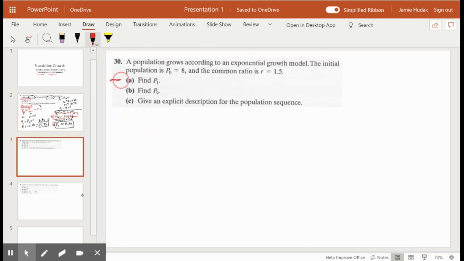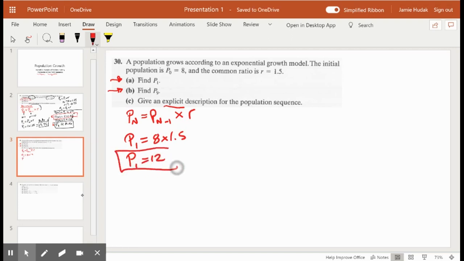So find P1 recursively, then come up with the explicit model and use that to find P9. So P1 is going to be equal to 8 times 1.5. P1 is going to equal 12.